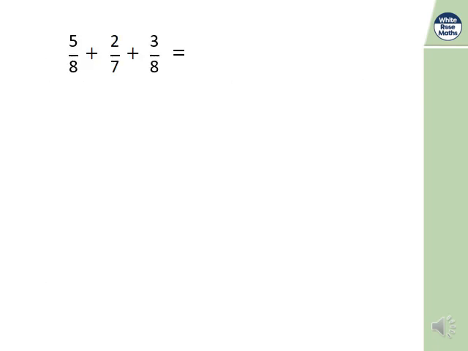Now let's have a look at this question. We have 5/8, add 2/7, add 3/8. And the question to ask here is, do we need to change the denominators to the same one? Is there something that we could maybe do different? Have a think. Is there something you notice about those fractions that you've got there? I'll give you 10 seconds to have a look.